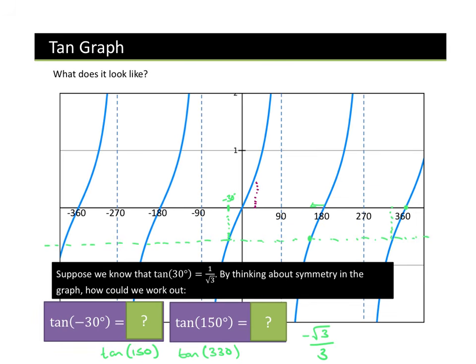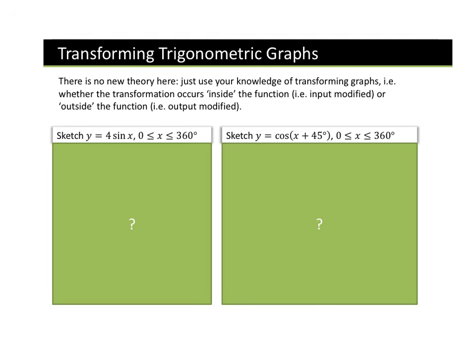So we know positive 30 is about here. This is going to give us tan of positive 30 is going to give us root 3 over 3 because it's completely symmetrical. So, question 1, sketch y equals 4 lots of sine x.